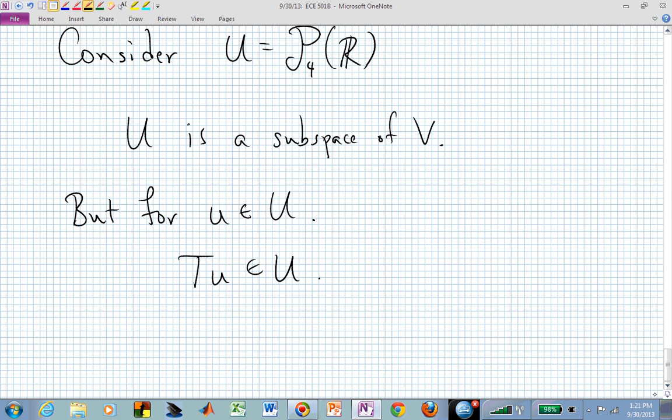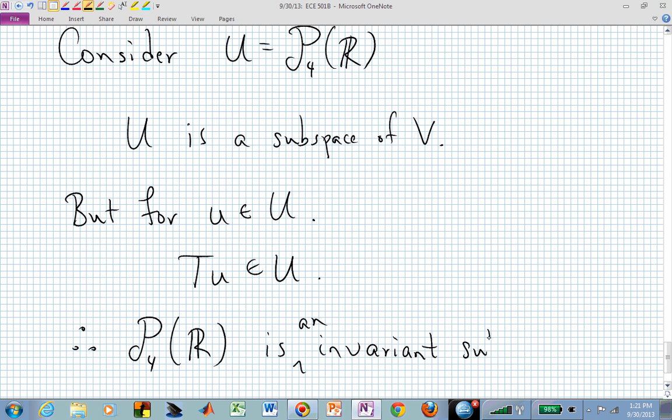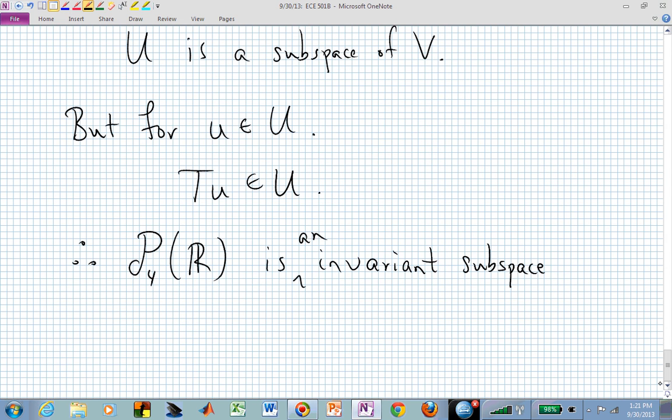We're going to stay in U. So that's actually saying that this subspace represented by the fourth order polynomials is an invariant subspace of the overall seventh order polynomial vector space under this linear map or operator of differentiation.